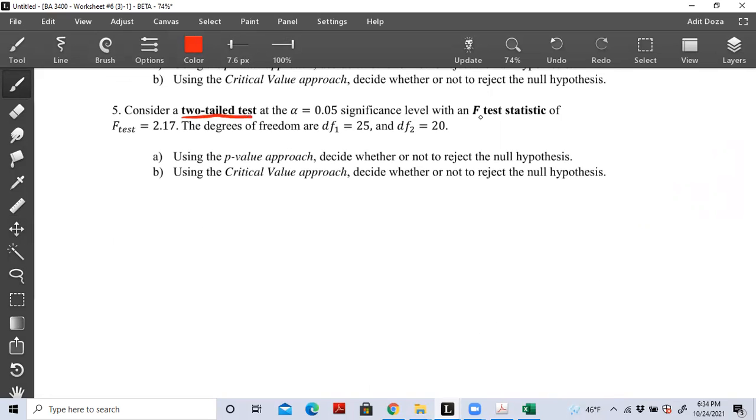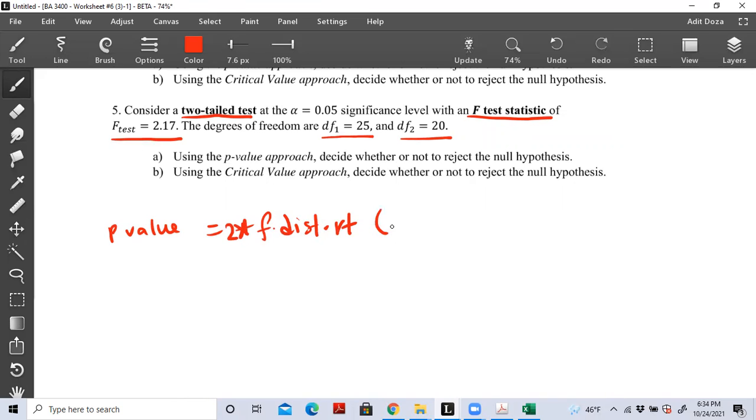Two-tailed test, F-test statistic of 2.17, degrees of freedom 25 and 20. So if you have to find the p-value approach, I said that F distribution is always F distribution. Yeah. So 2 times F.DIST.RT. The test statistic 2.17, degree of freedom is 25, the first one.